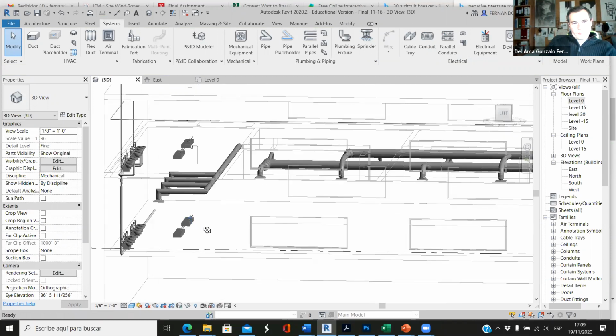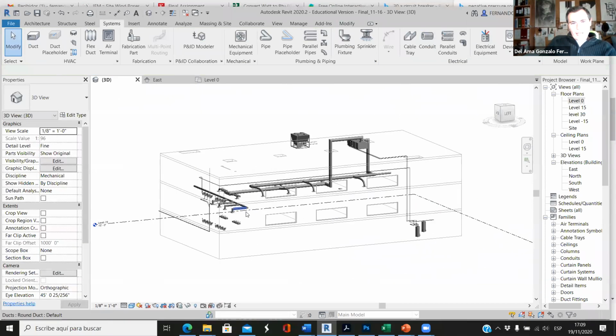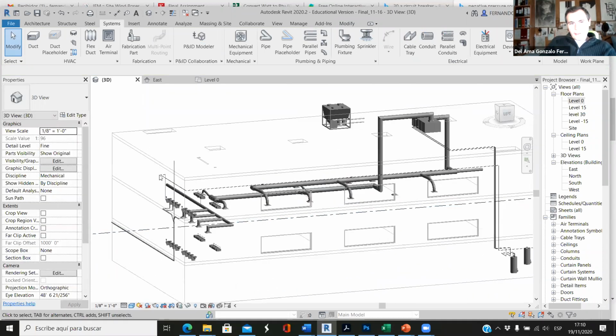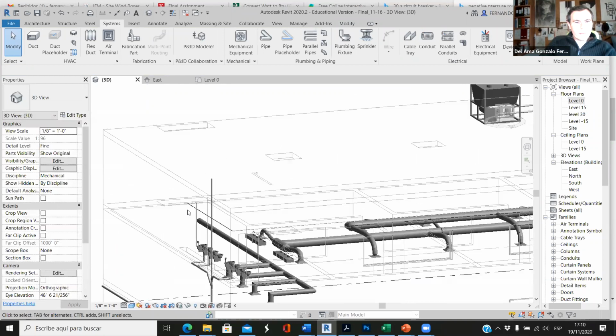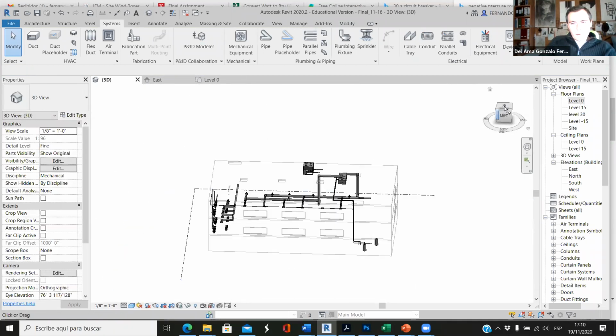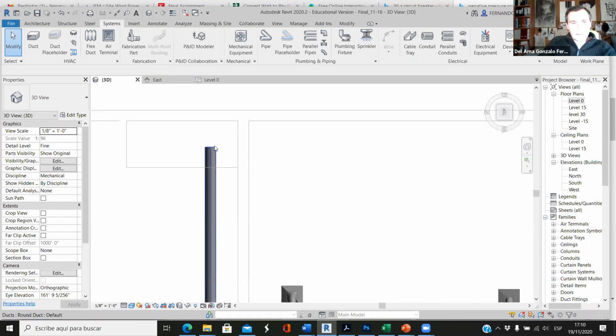Okay, so I have to get rid of this air inside the toilet, but I don't have to connect it to the supply or the return air. So that's another duct. And now looking at the top view. Okay, so there's a shaft here.